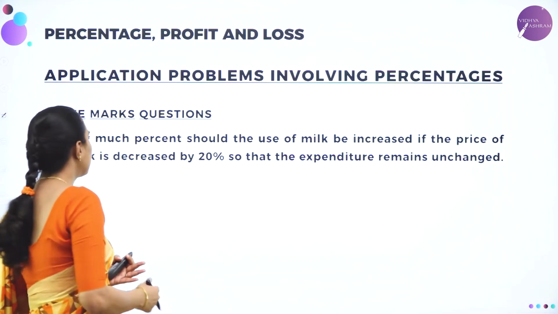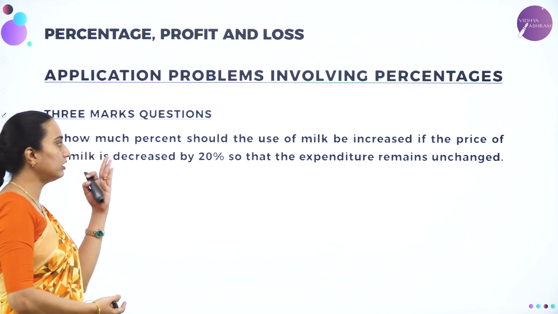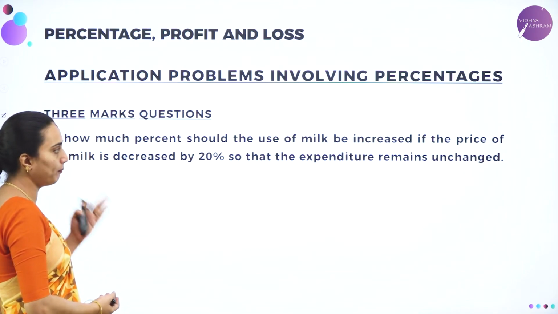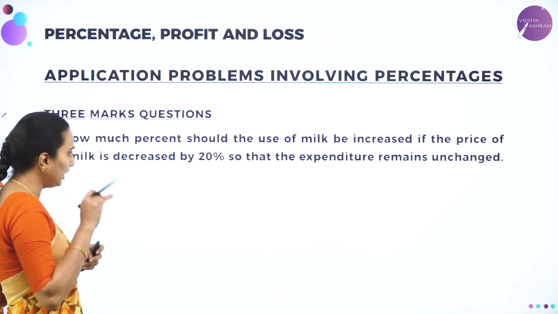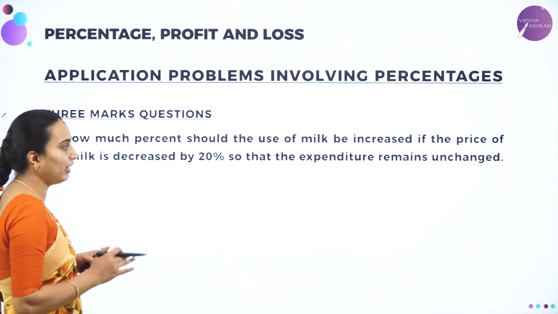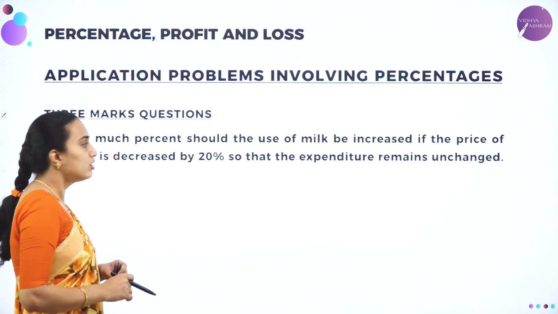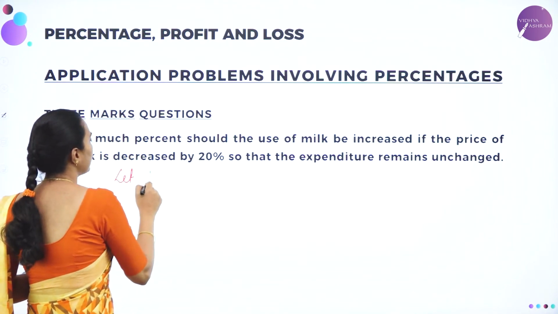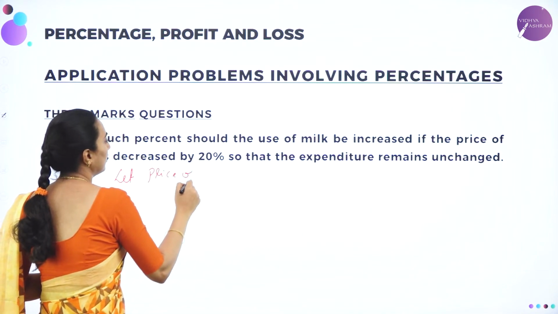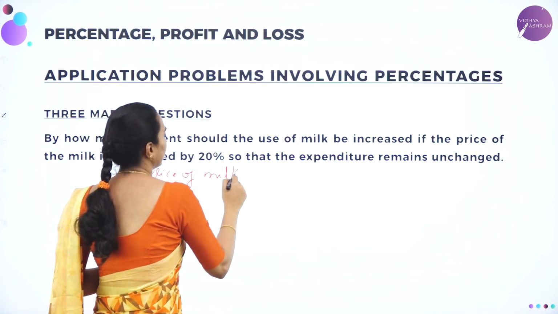Next question they have asked like this, dears. By how much percent should the use of milk be increased if the price of the milk is decreased by 20% so that the expenditure remains unchanged? So here I am going to take it as, let the price of the milk be 100.